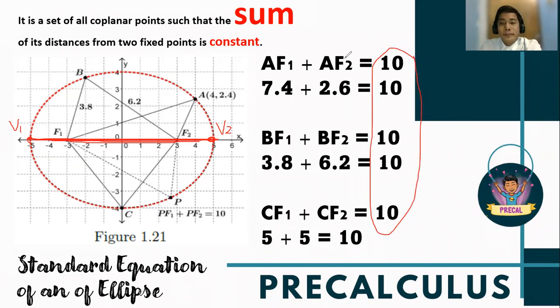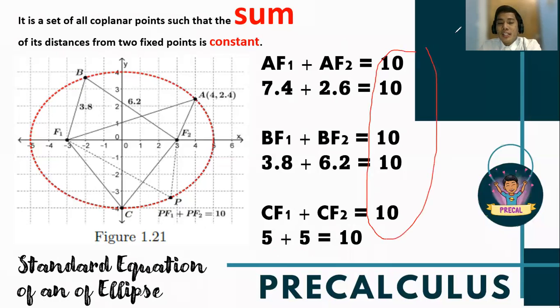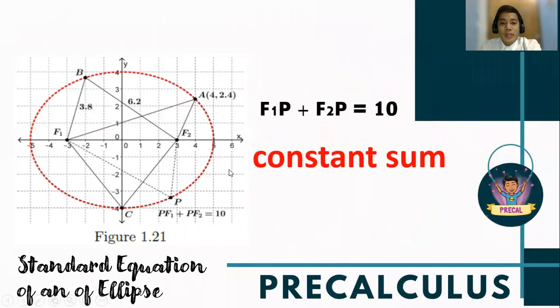Meaning, the constant sum is the measure of the major axis. The length of the major axis, which is 10, is the sum of the distances from any point on the ellipse to the two foci. That is what we refer to as the constant sum.